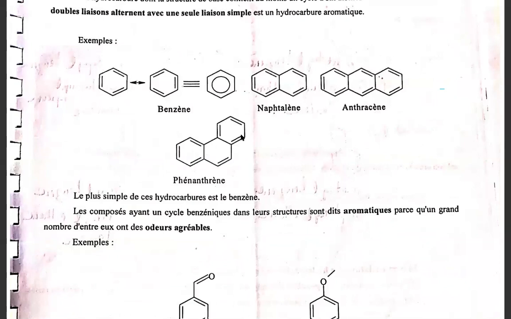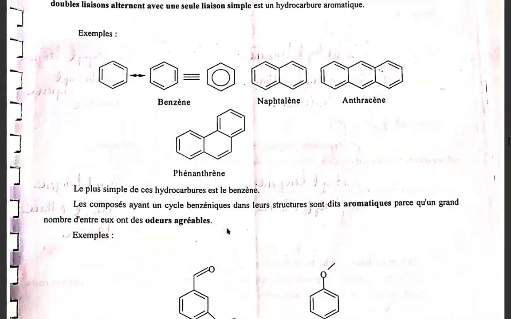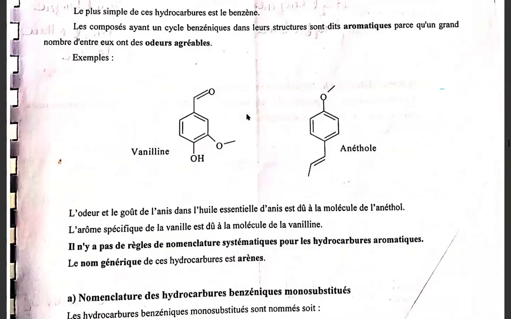So benzene is the buildup for all aromatic compounds. We have naphthalene, anthracene, phenanthrene. All these compounds are used to build up different aromatic compounds. You have the one that is used to make vanilla in ice cream and all those things.